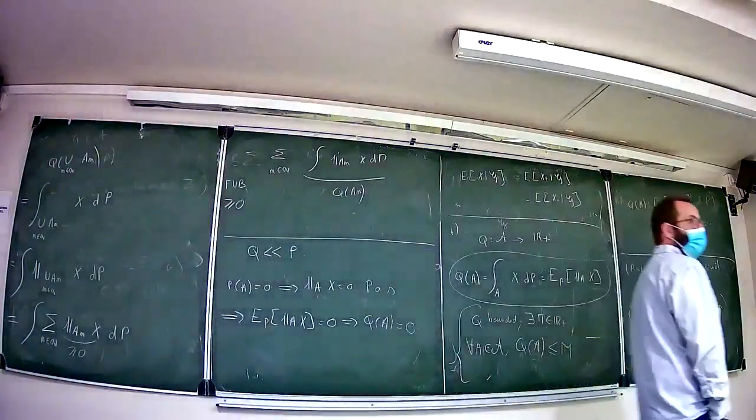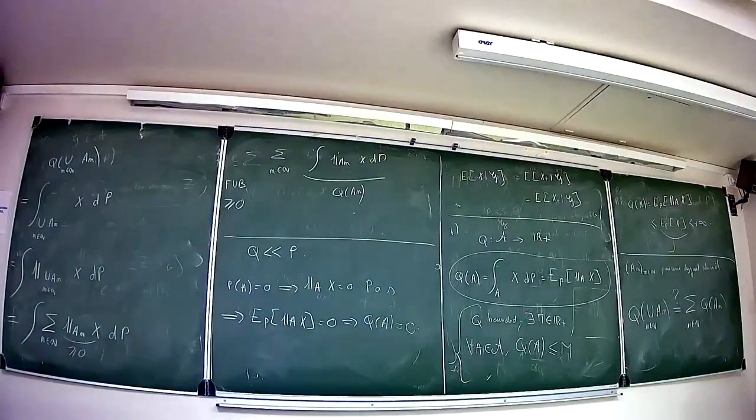I have never used on the board the fact that the sets I deal with are in A, nowhere. The only thing I have used is the fact that I have a sigma algebra. If you change A into a smaller sigma algebra J, you have exactly the same thing.